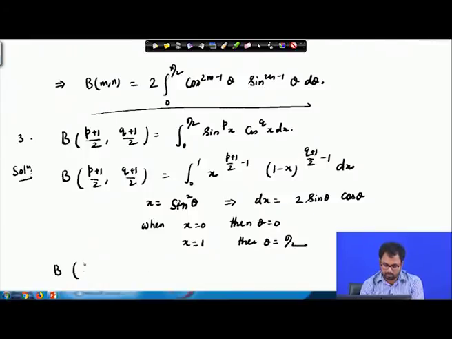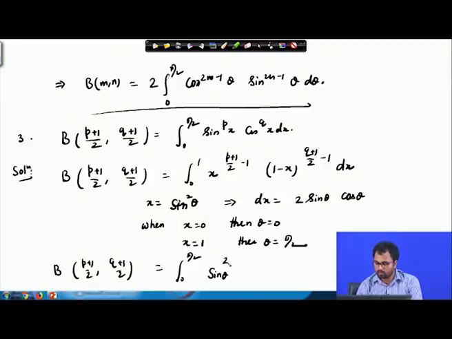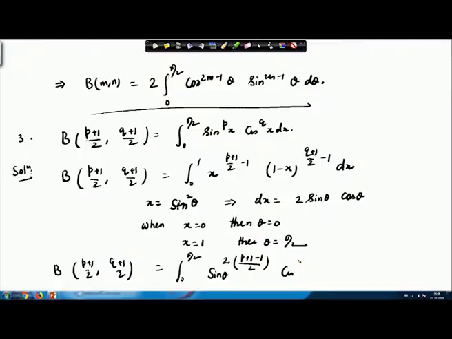So, our beta of (p plus 1)/2 comma (q plus 1)/2 will reduce to integral from 0 to pi by 2. We will have x to the power, so that means sine theta to the power, sine square theta times (p plus 1 minus 1)/2, and we will ultimately get a cos here from 1 minus x.